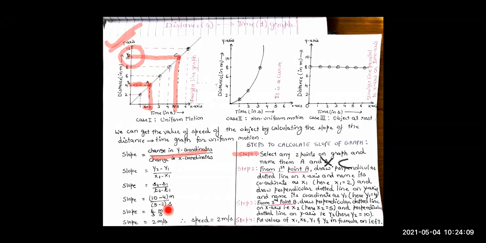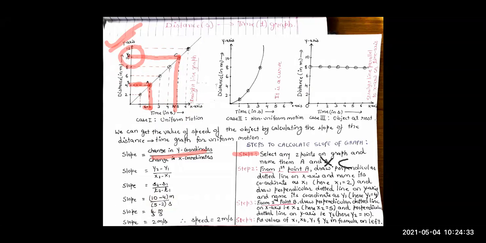Now let's check the values of x2 and x1. The x2 value is 5 seconds and the x1 value is 2 seconds. So x2 minus x1 is 5 minus 2, that is 3. So you are getting 6 meters upon 3 seconds. So 6 by 3, your answer will be 2 meters per second.